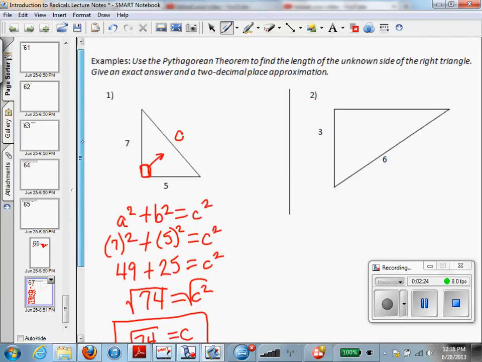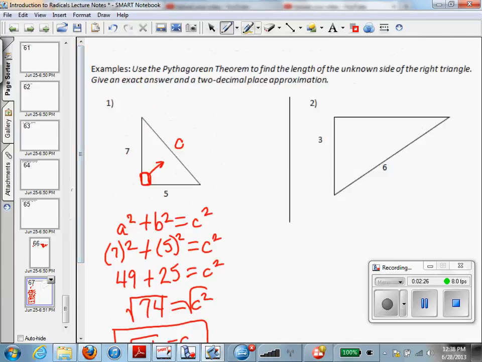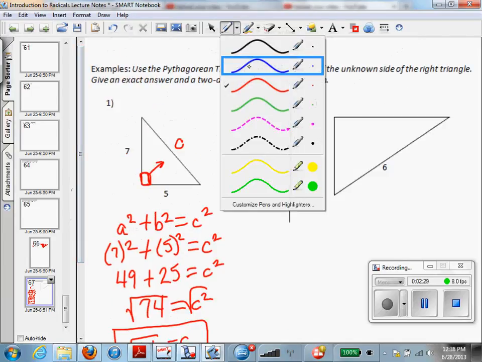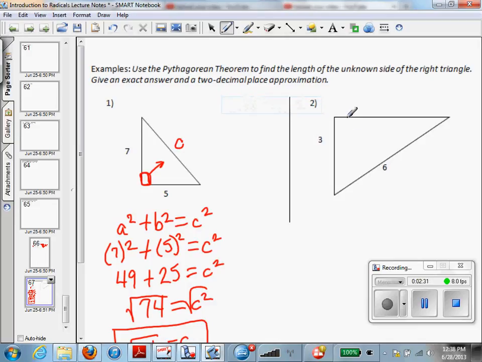Okay, if we look at number 2, we can see our 90-degree angle is right here because it is where the 2 legs meet.